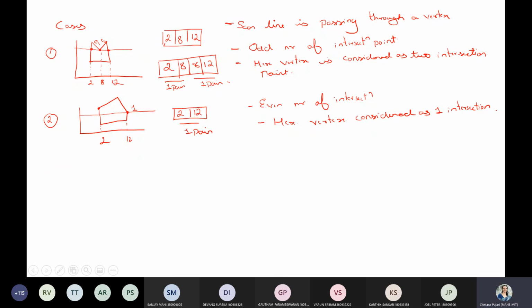So next, there is one more method. This is one way, and I'll just show one more method.